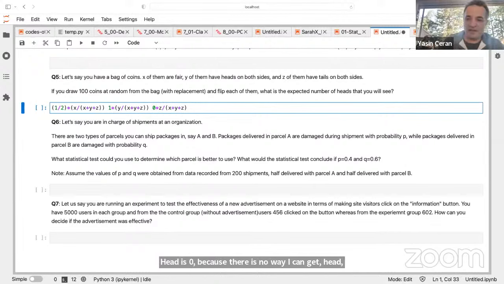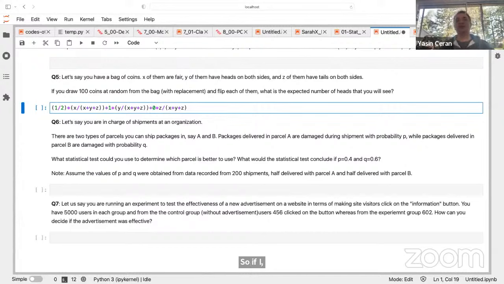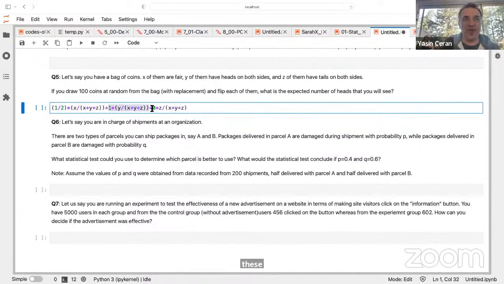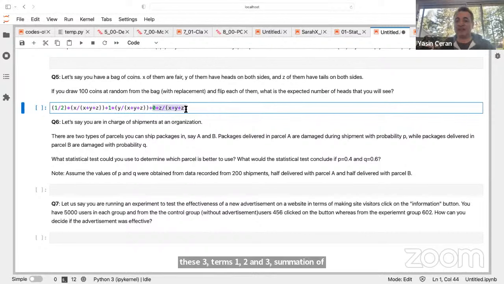If I add these three terms together, the summation of these three terms is actually the expected number of heads if I draw a coin randomly from this bag and then flip it.